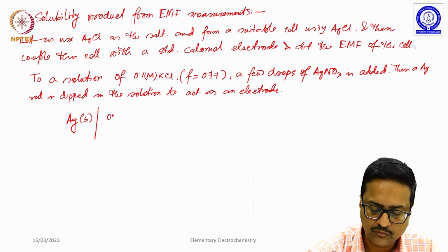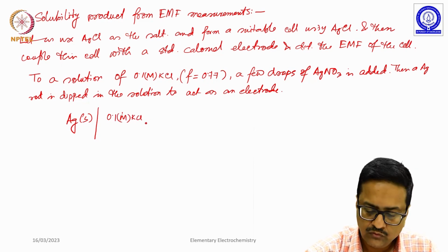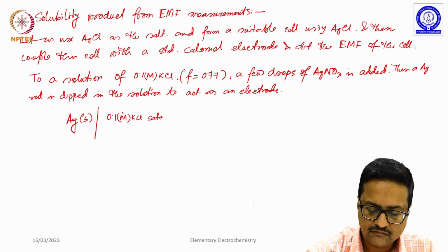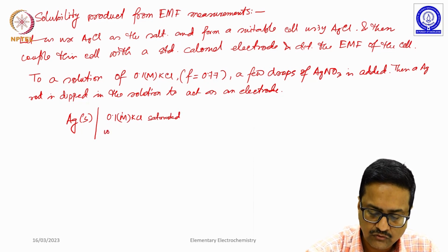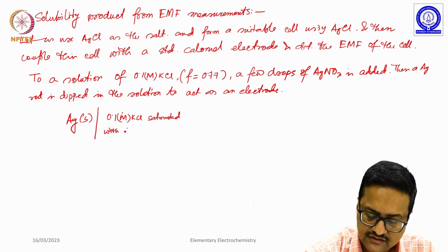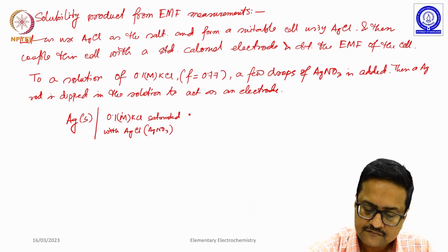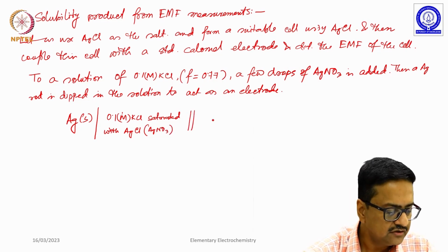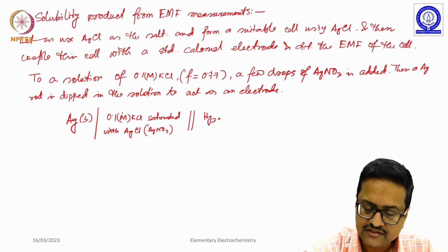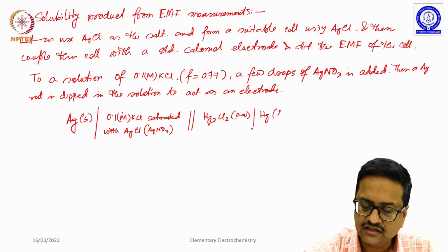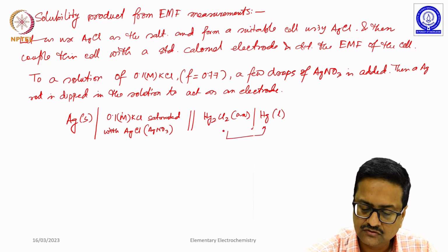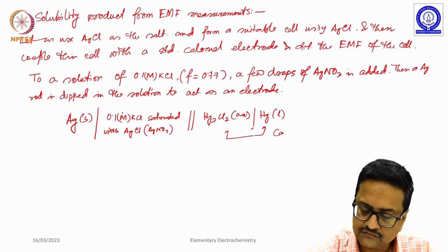In this chamber we have 0.1 molar KCl, which is saturated with AgCl, which came from a couple of drops of AgNO3, and then this half cell is coupled with the Hg2Cl2 aqueous with Hg liquid, which corresponds to the calomel electrode.